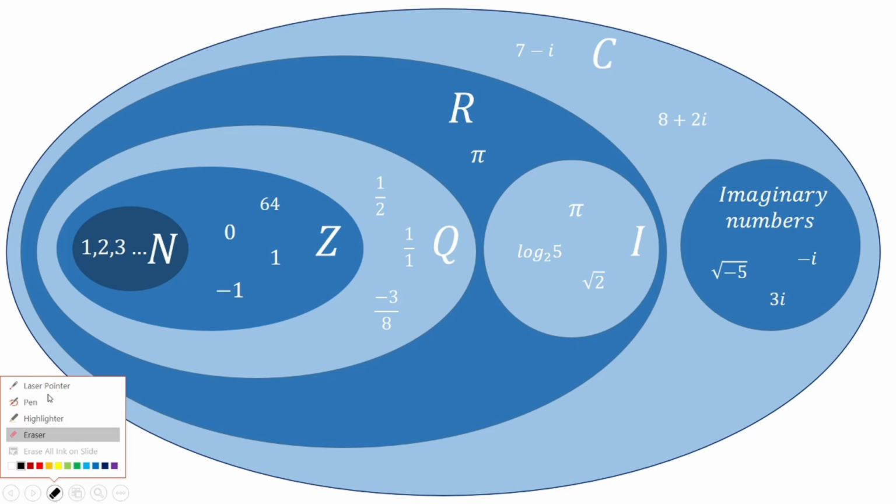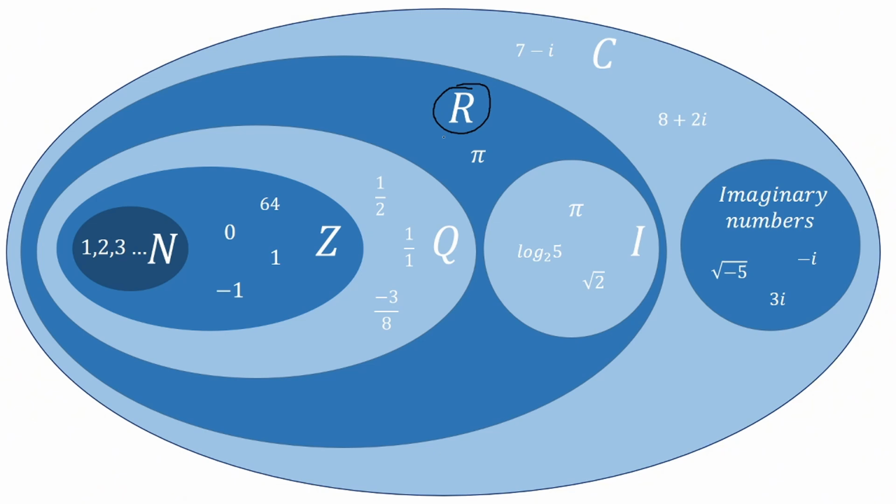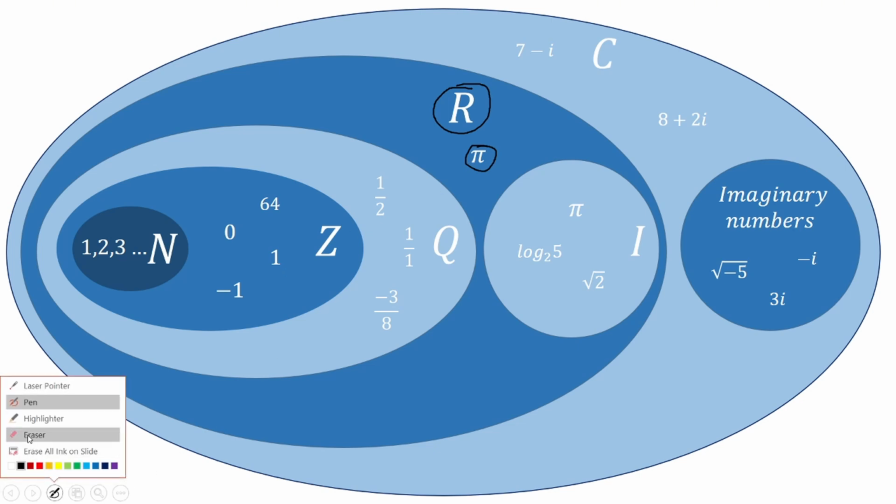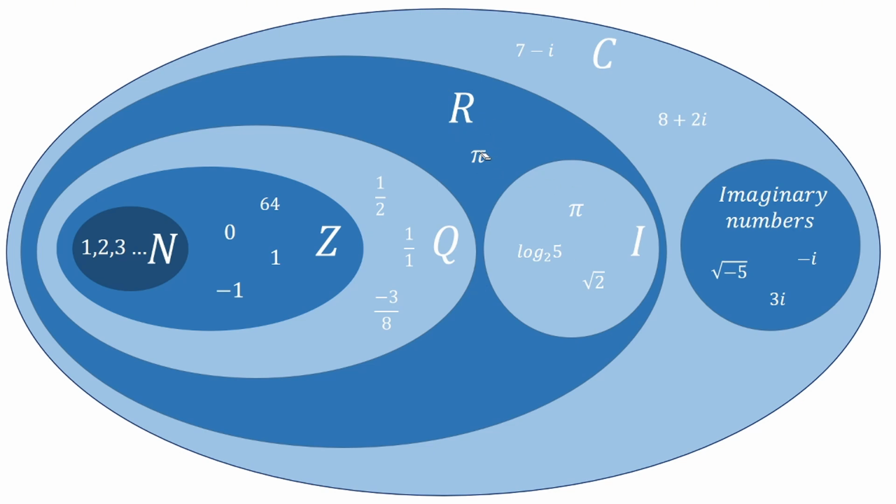And then we have the real numbers. I'm not sure why there's pi right there. However, that's not wrong. Pi does belong to the set of real numbers. Essentially, the real numbers are made up of the set of rational numbers and irrational numbers.